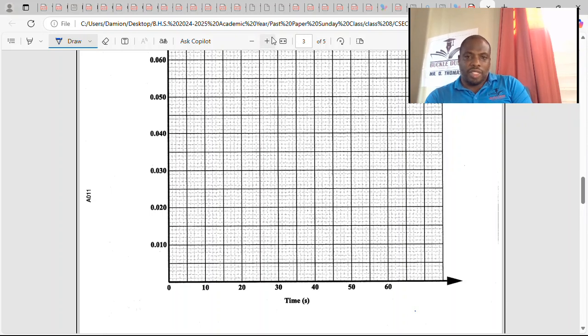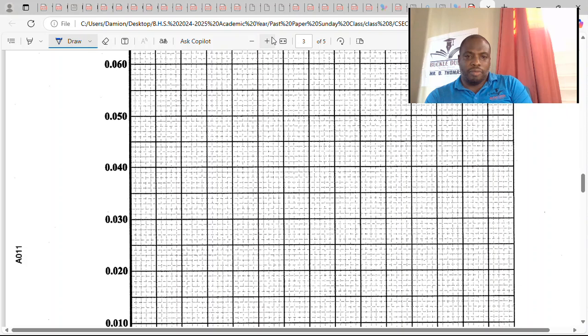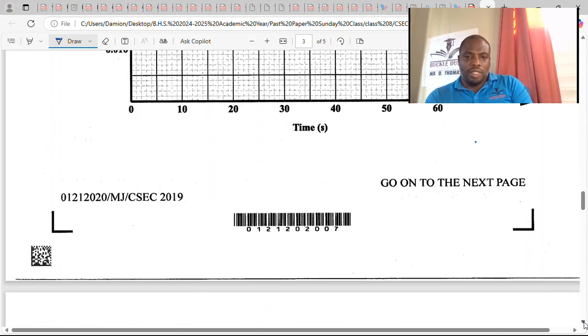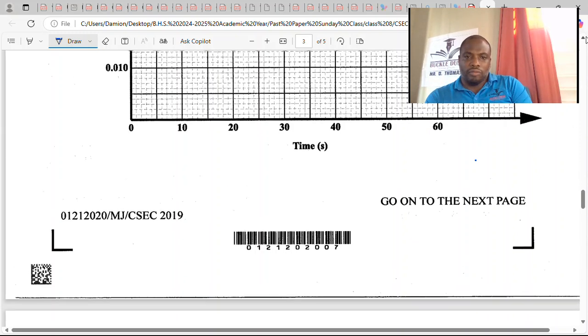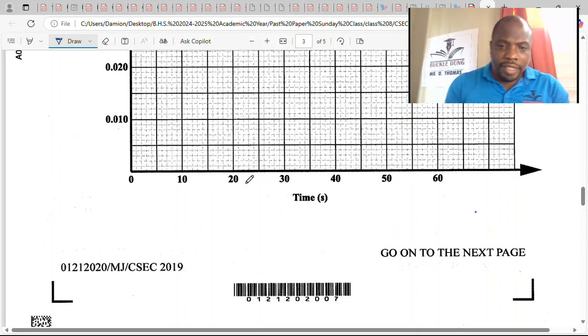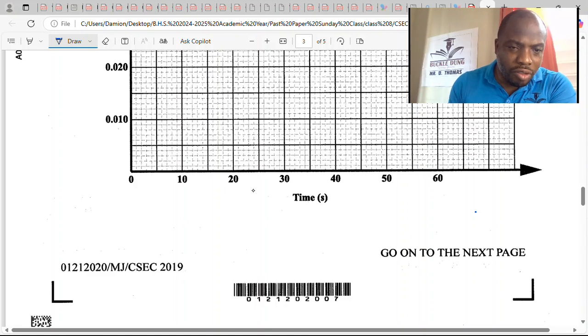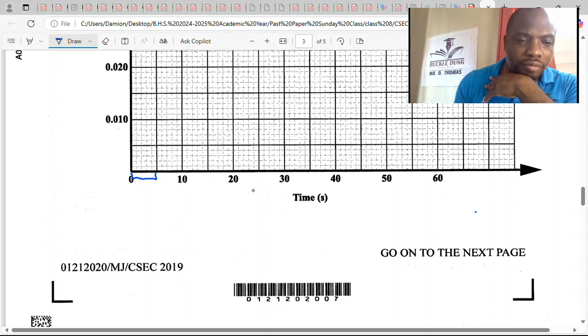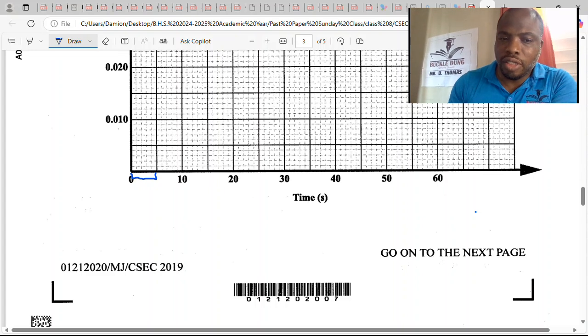Let me see if we can bring this up a little bit, so we see the lines a little bit more clearer. So here, again, for persons who have been doing this, what does this represent? Fine. It represents 1 centimeter.